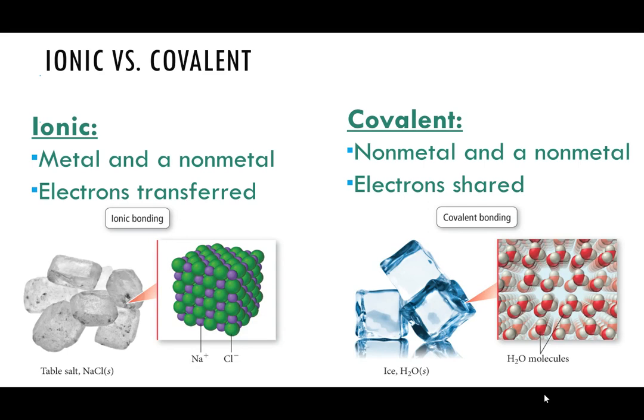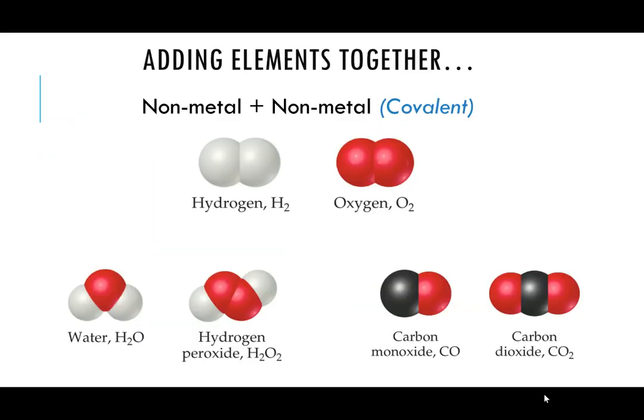You don't have to figure out what's the charge of the ion, how do I balance them? So that's the good news. The bad news is we can form a multitude of different compounds. So there's going to be other wrinkles in this.